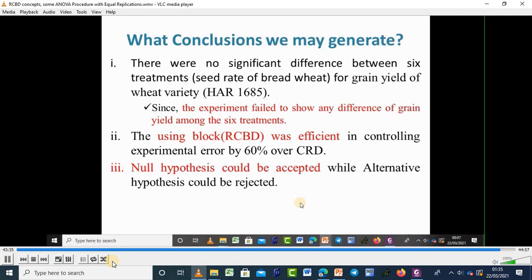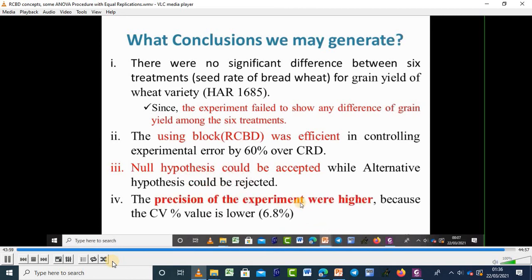And the null hypothesis could be accepted because the null hypothesis states that there is no significant difference between treatments. So the result is in line with this. There is no significant difference. That's why the null hypothesis is accepted, and the alternative hypothesis could be rejected.